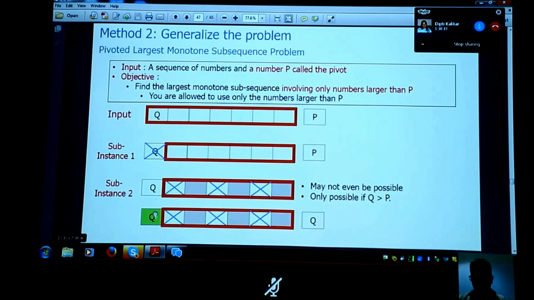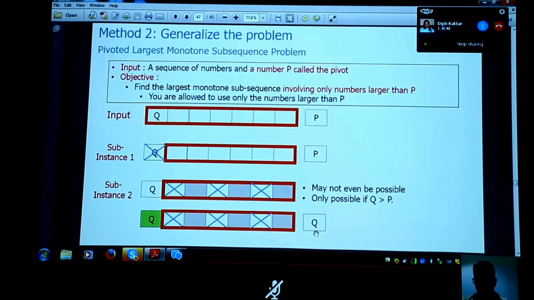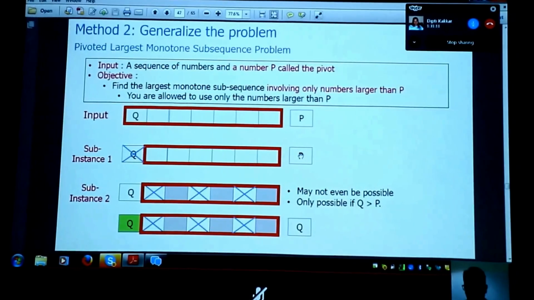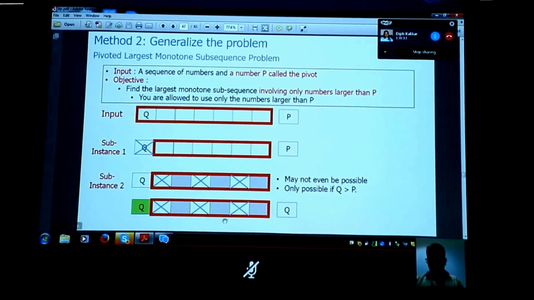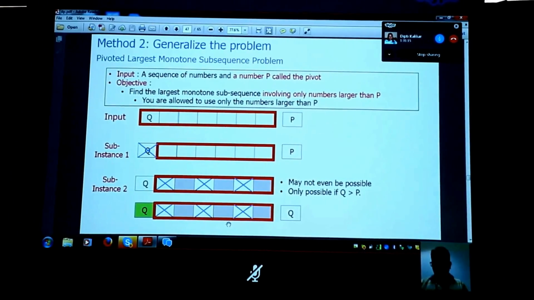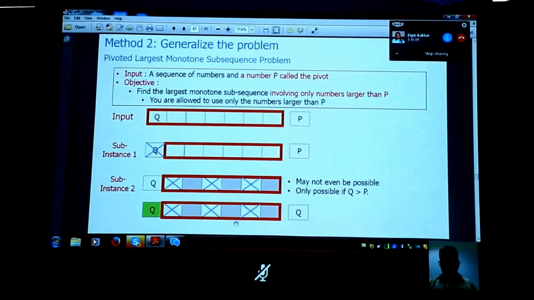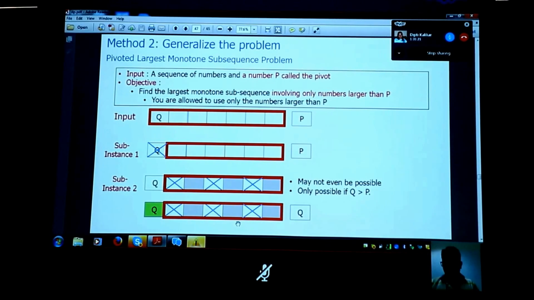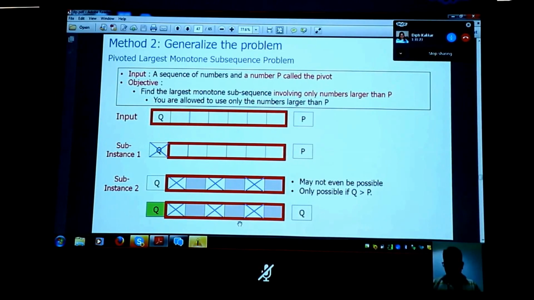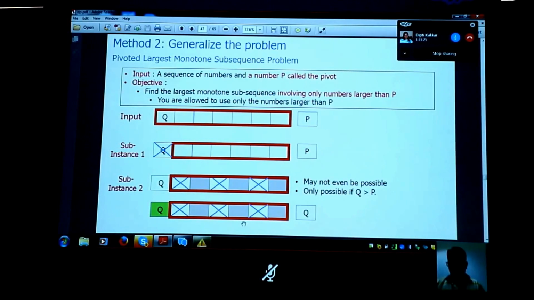In that case, I add it, and now q is bigger than p. So now what I am going to say is that q is my pivot. I am going to change my pivot in my new subinstance, because the original guy said that you can't use anything smaller than p. I have picked this number q, but I won't kill anybody explicitly. I'll just use this pivot mechanism to implicitly enforce that nobody smaller than q is chosen.